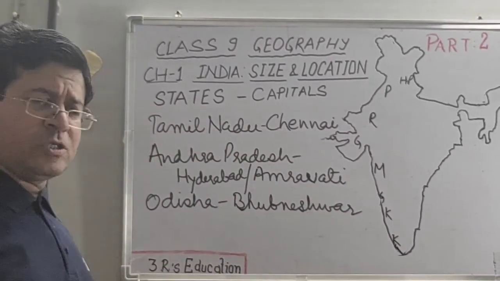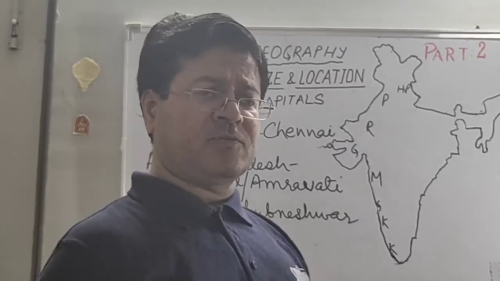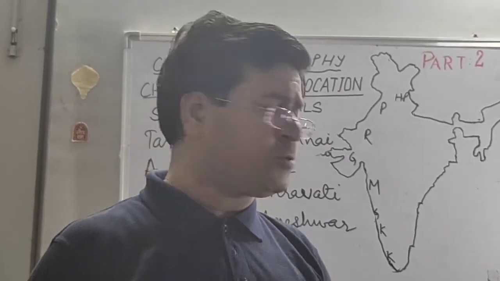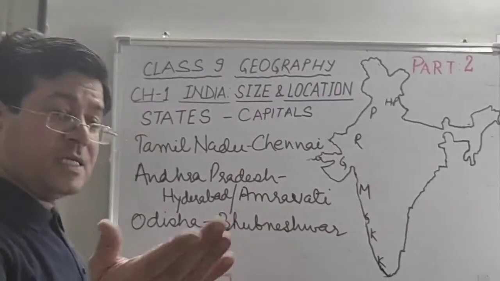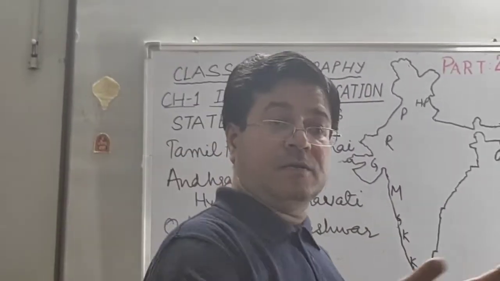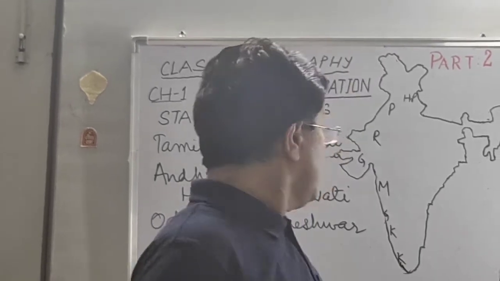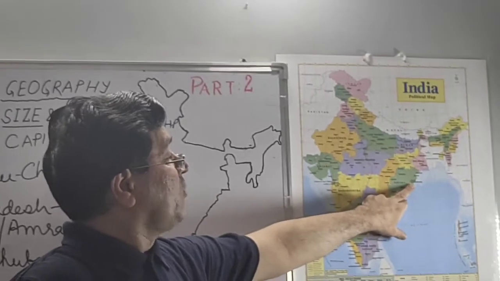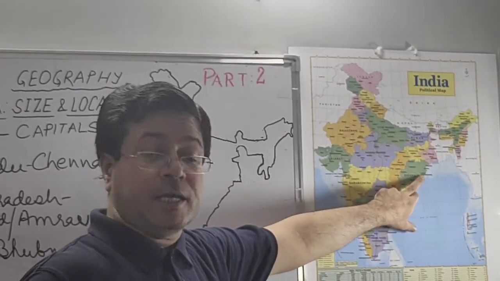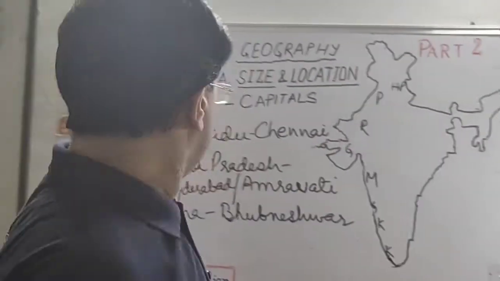As I told you, if you associate some story with the state or capital, it is very easy to remember their location and names. It is famous for Jagannath Puri. Cuttack is very famous, with a very famous cricket stadium. And here we have the largest salt water lake of India also, Chilka Lake. So all these things are there.